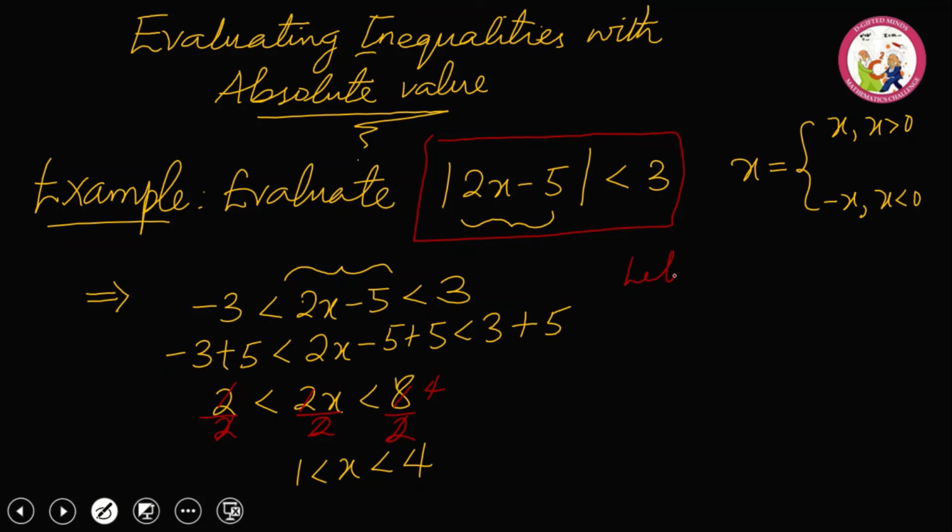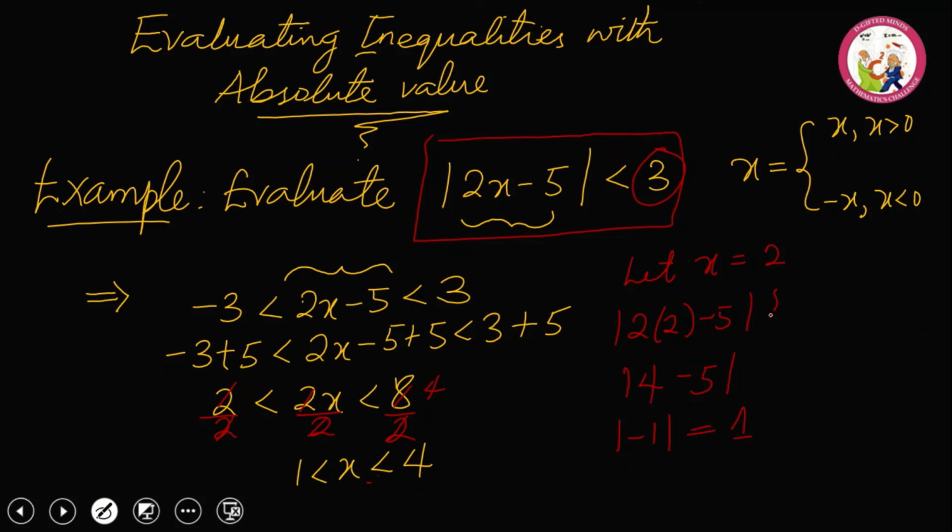Let's try that out quickly. Let's pick x as 2, since 2 is within this interval. Substituting 2 in this inequality, we have 2 times 2 minus 5, and 2 times 2 is 4. 4 minus 5 is equal to negative 1, and the absolute value of negative 1 is 1, which is strictly less than 3. You can pick another number, 3, which is in between this interval.